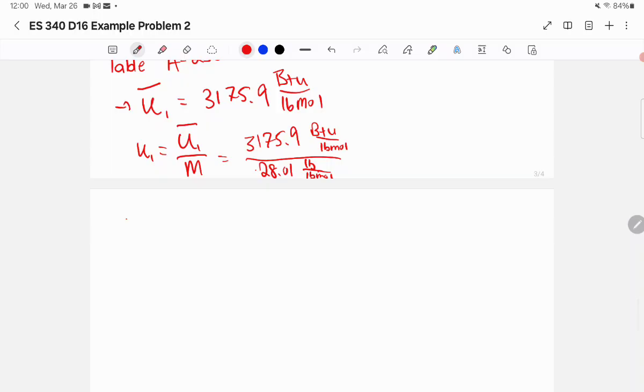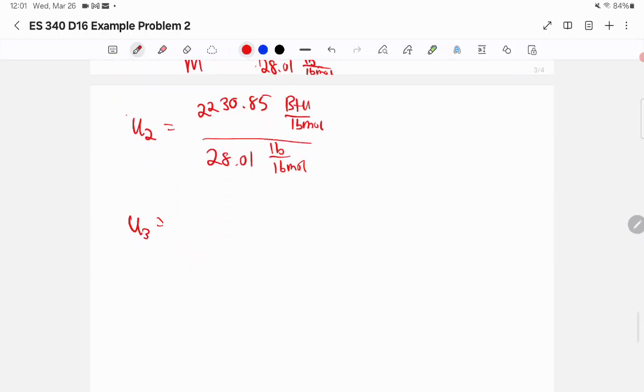And similarly, U2 is going to be equal to, well, this one, if you read it off the table or interpolate, whatever the case may be, ends up being 2230.85 BTU per pound mole, divided by 28.01 pound per pound mole.